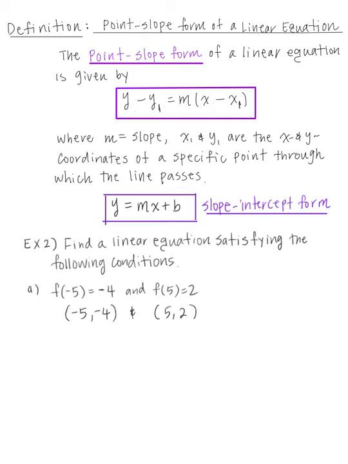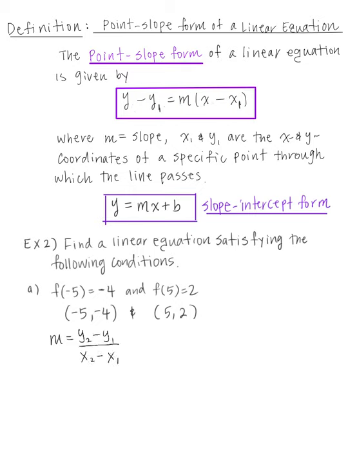So as long as you have 2 points, then you should be able to write a point slope form. But remember, the main key ingredient for the equation of the line is the slope. So given 2 points, I'm going to compute the slope. Remember, m equals y2 minus y1 all over x2 minus x1.